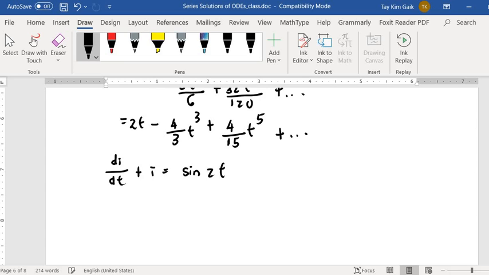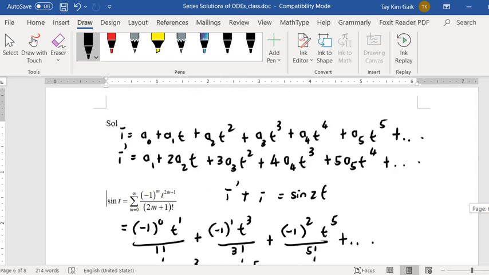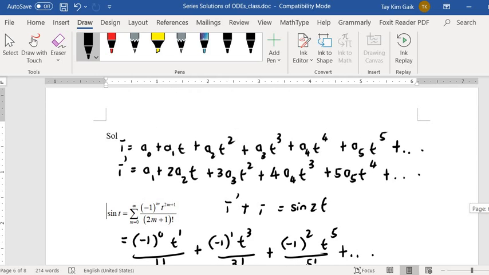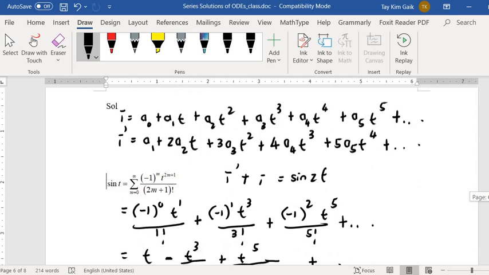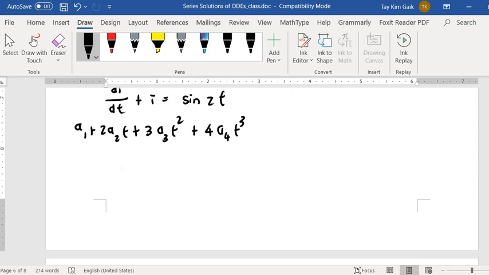Okay, dy/dt, we have here a1 plus 2 a2 t plus 3 a3 t squared plus 4 a4 t cubed plus 5 a5 t power 4.